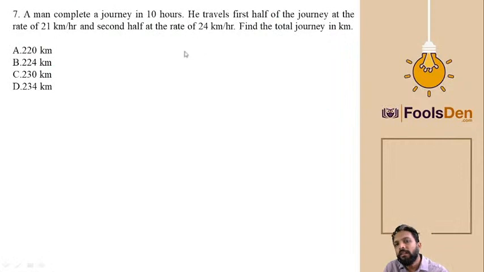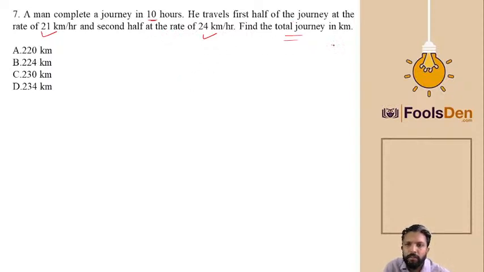Now, let us try to solve this question. A man completes the journey in 10 hours. He travels the first half of the journey at 21 km/h, and the second half of the journey at 24 km/h. What is the total journey? The first half of the journey means the distance.